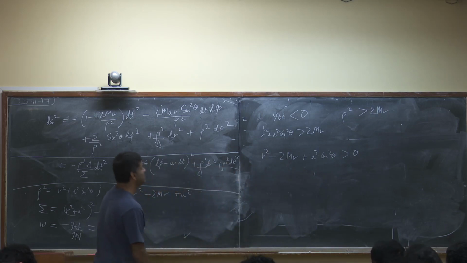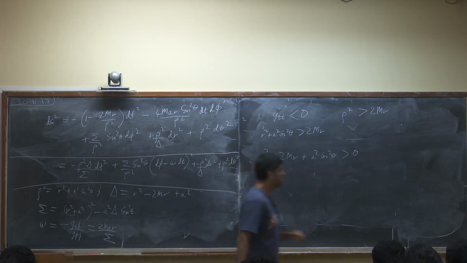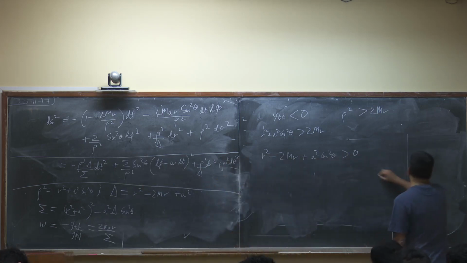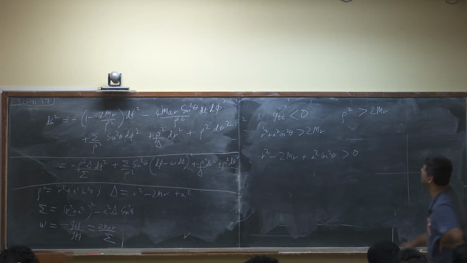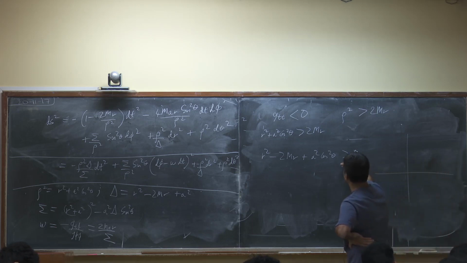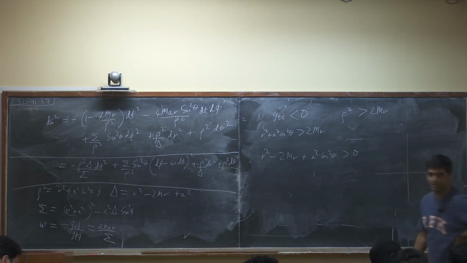Well, let's plot this object here as a function of r. Sorry, we wanted this to be greater than 0. Right. So let's plot this as a function of r.